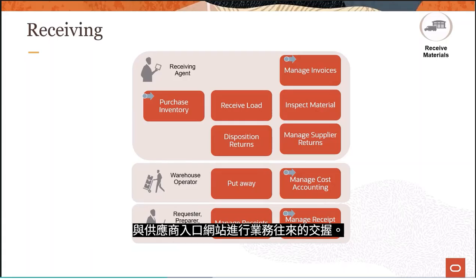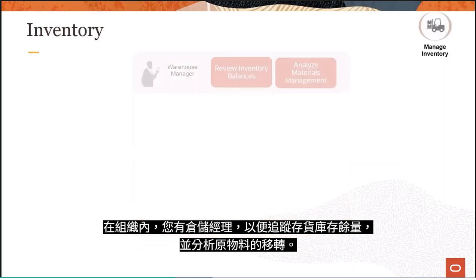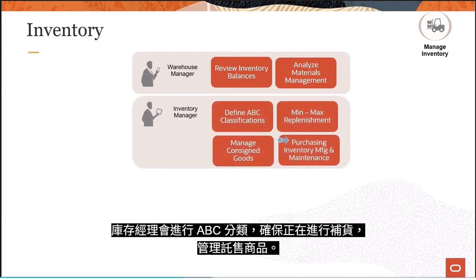There's a handshake with the supplier portal, doing business to business within the org. You have your warehouse manager. So they're tracking inventory, on-hand balances, analyzing the movement of material. The inventory manager doing your ABC classifications, making sure that your replenishments are happening, manage consigned goods.